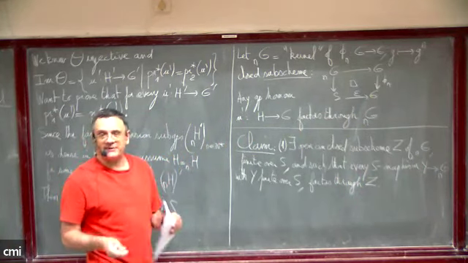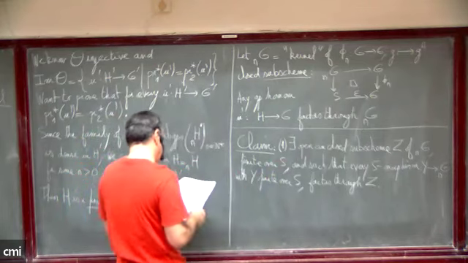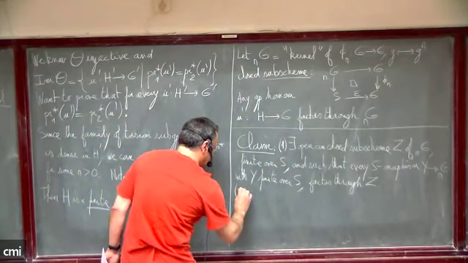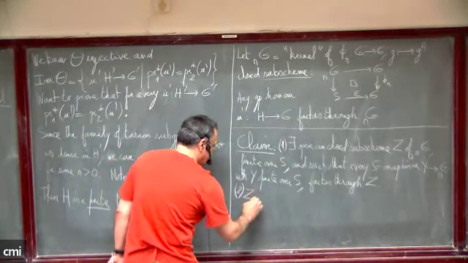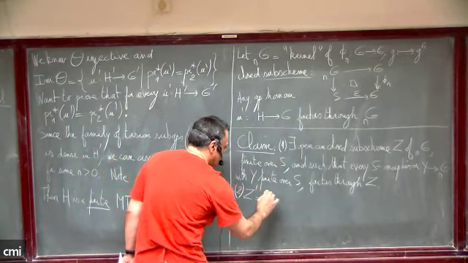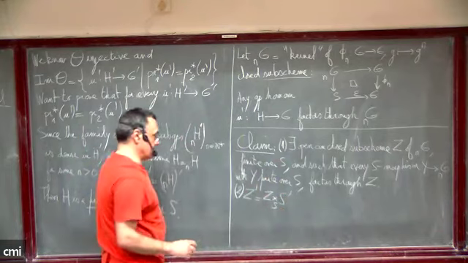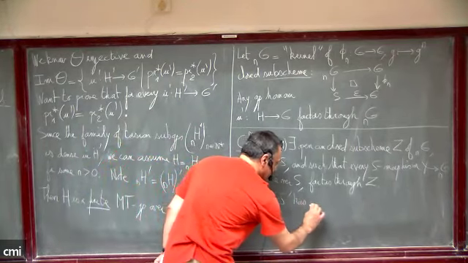So the claim is that there exists a largest finite subscheme of NG, and this is preserved by base change, that is, Z prime, which is a base change of Z to S prime, has the same property.